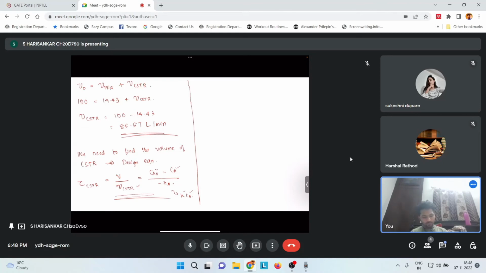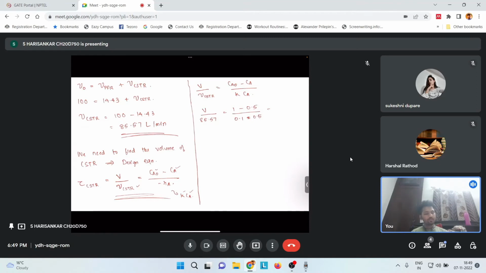So V by nu CSTR is equal to Ca0 minus Ca by K Ca. So V by nu CSTR, that is 85.57, is equal to Ca0, that is 1, minus Ca, that is 0.5, by 0.1 into 0.5.